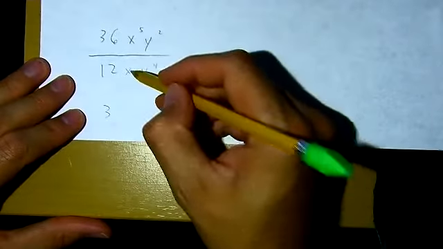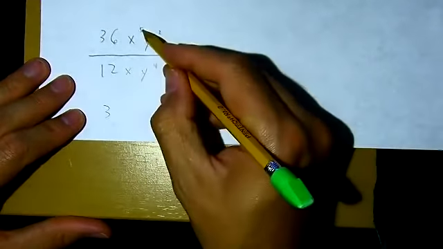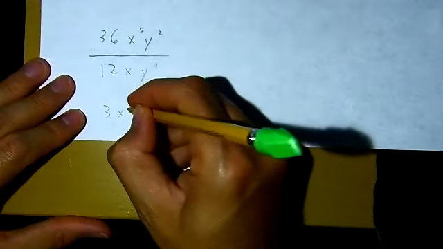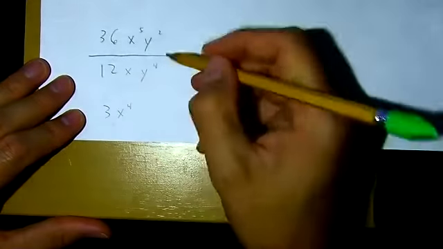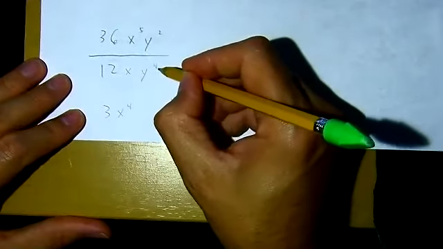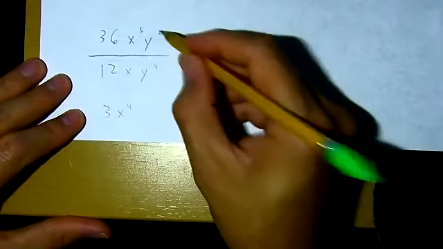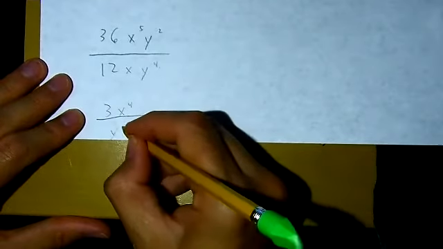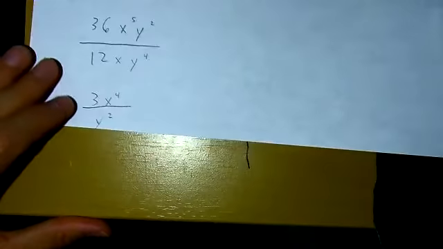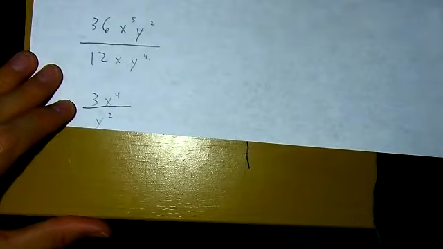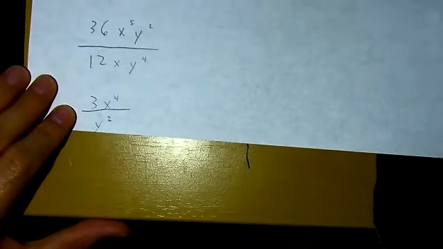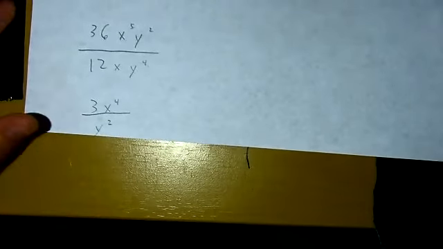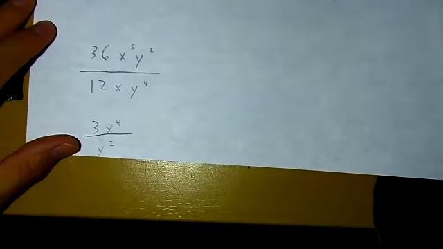So 5 minus 1 is going to be 4. And since our larger exponent was on top, this stays on top. The y, the larger exponent's at the bottom. So 4 minus 2 is going to be 2. But it's got to be on the bottom of the fraction. That's it. All you're doing is simplifying these. You're not solving them. Now that's multiplying and dividing. That should be as difficult as you need to know for the GED.